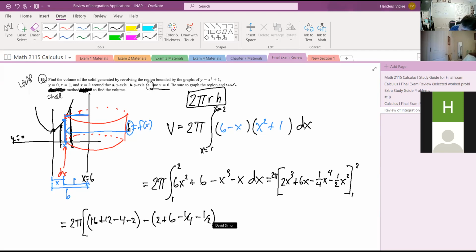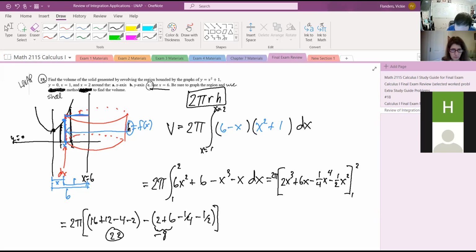Okay. So let's see. 16 and 12, that's going to give me 28 minus 6. This is 22 altogether. And then over here, I've got just these two pieces, I'll go ahead and subtract another 8 from that.